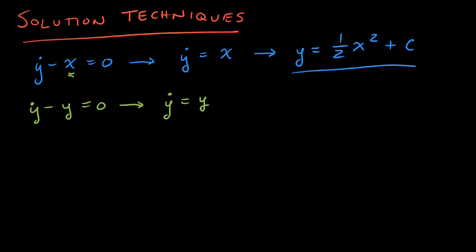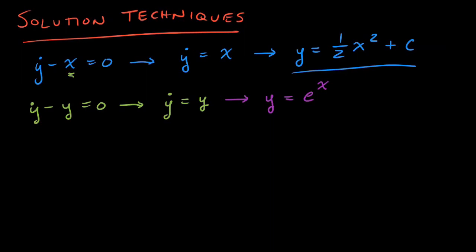And this one may make me think a little bit longer, but I can still just basically guess at a solution and maybe use a little bit of intuition and then check to see that it holds or not. Okay, so what I'm going to do is quote unquote guess and say, well, I'm going to choose y equals e to the x. All right, so what does y prime look like?